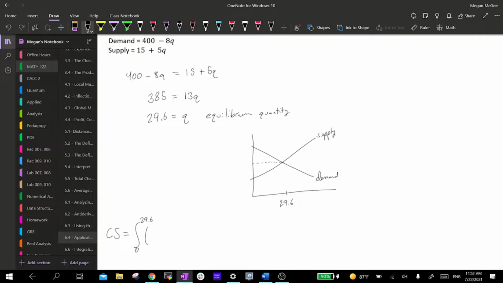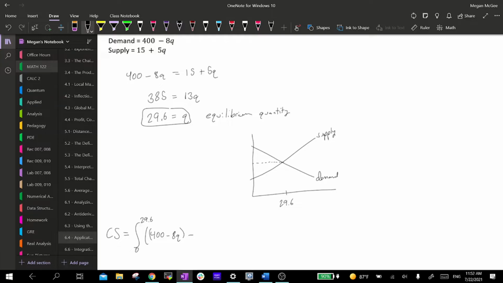All right, so our top function is our demand function. So we need 400 minus 8q minus our bottom function, which is our equilibrium price. So we need to find that really quickly. We can go ahead and take our equilibrium quantity and plug it into either the supply or demand curves. Either one would work.